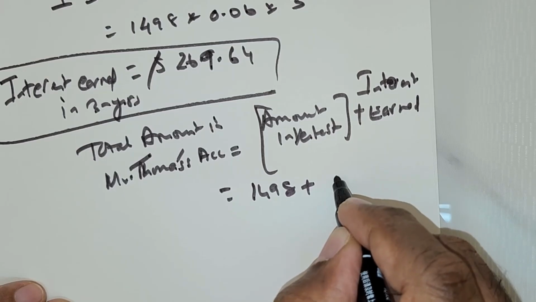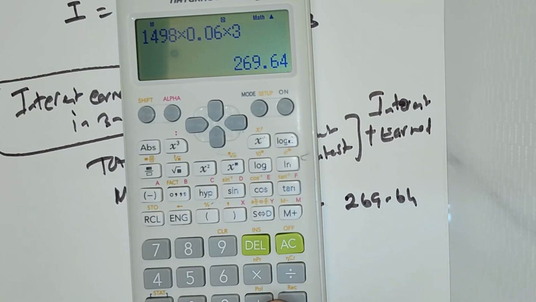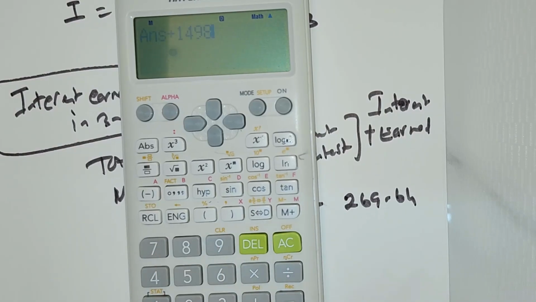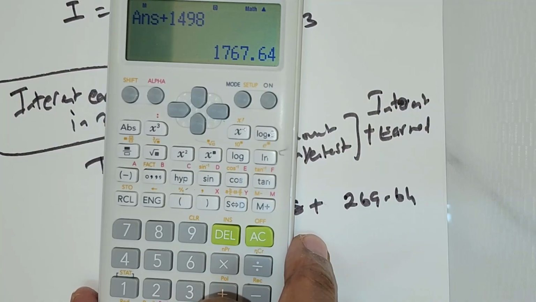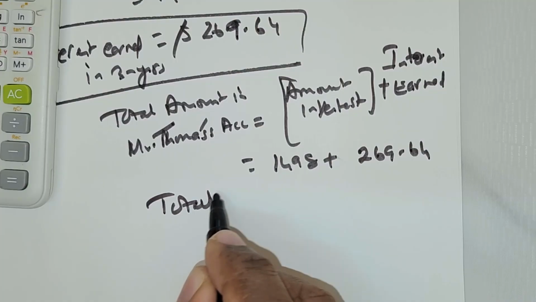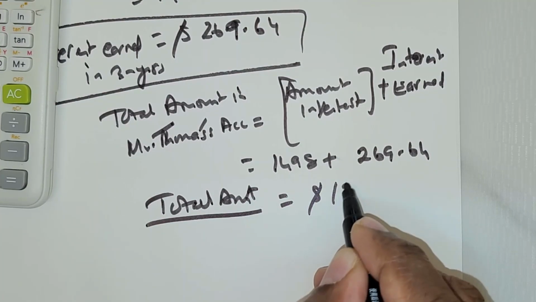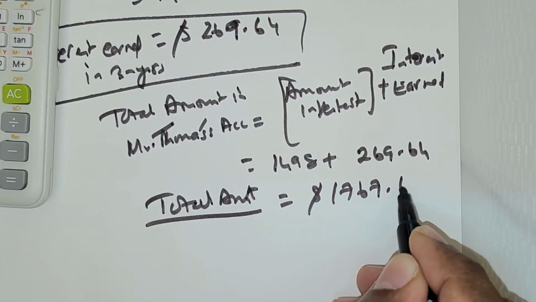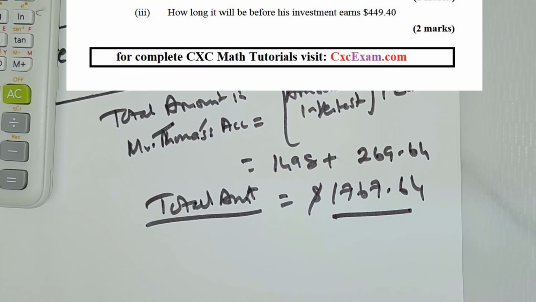What is the interest he has earned? 269.64. So to this 1498 you add, and what do you get? You get 1767, total amount is equal to $1767.64. Okay, fine. Now let's move to the next question.